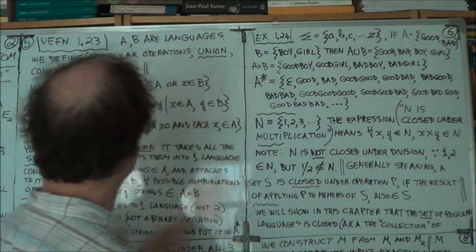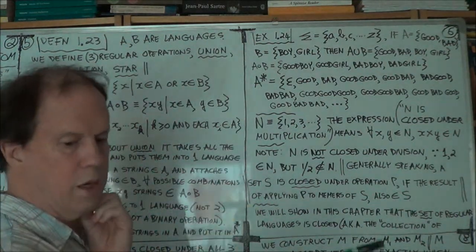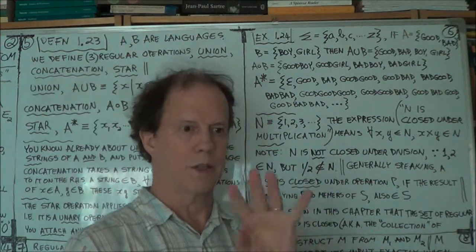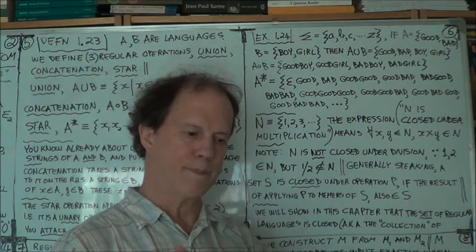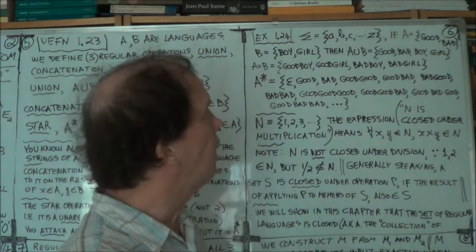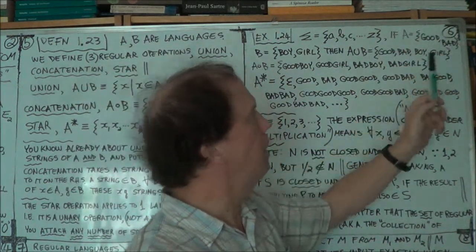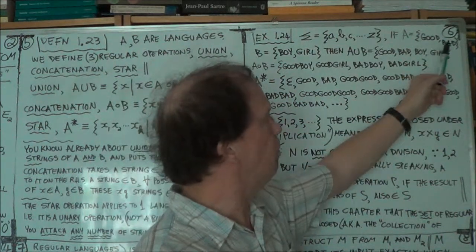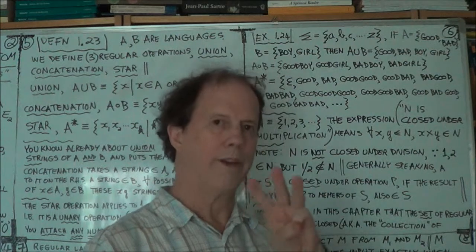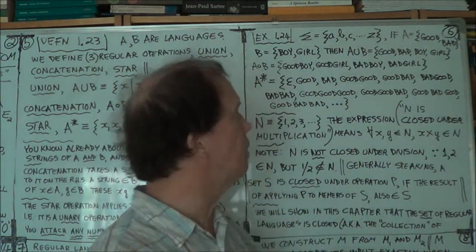All right. Well, now at K is 3, we're concatenating three strings: x1, x2, x3. They're all members of the language. In other words, they're all input strings. And so x1 could be good or bad, x2 could be good or bad, and x3 could be good or bad. So we'll now have 2 by 2 by 2, 8 possible different concatenations.